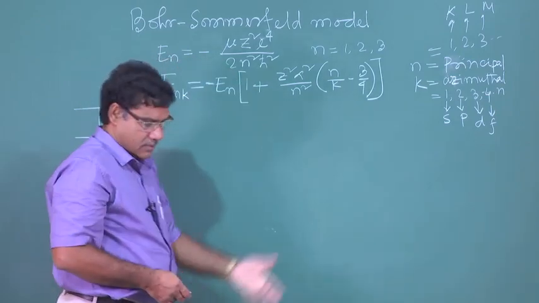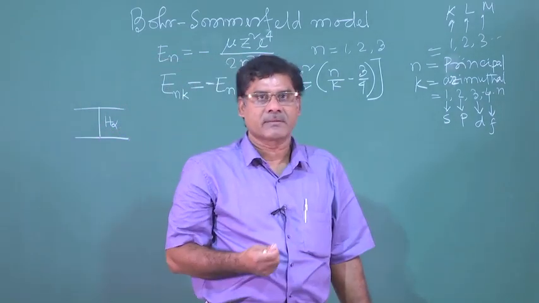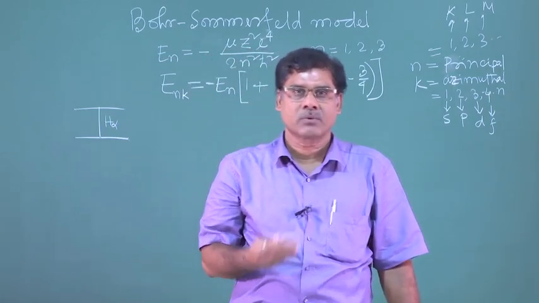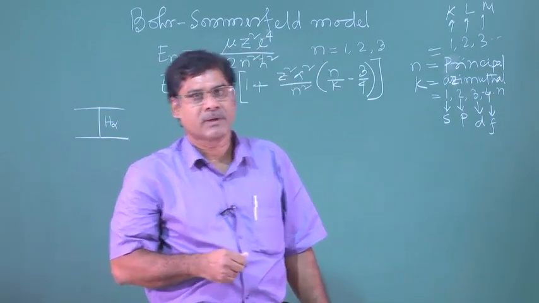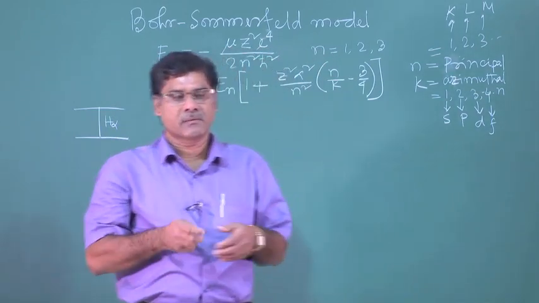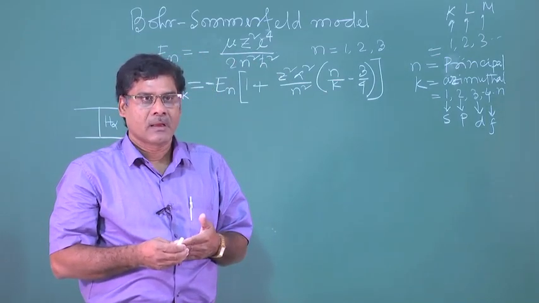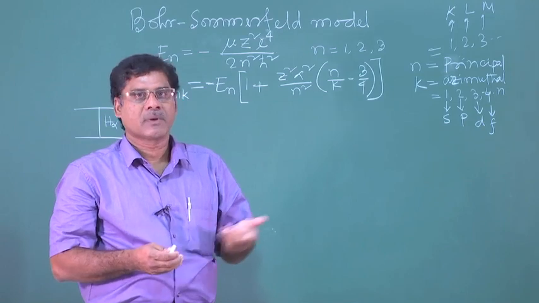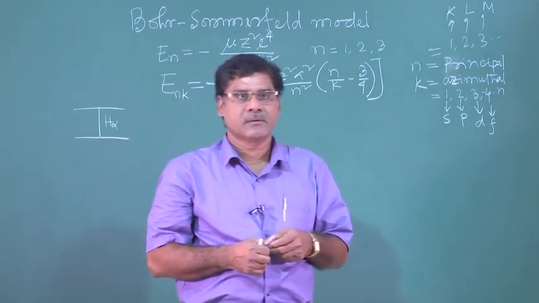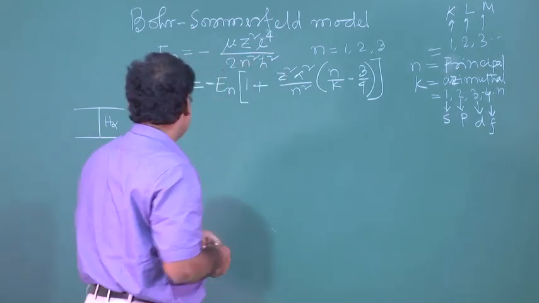So people speculated that we need more quantization, so there will be more energy levels, and from transitions we will get more spectral lines.